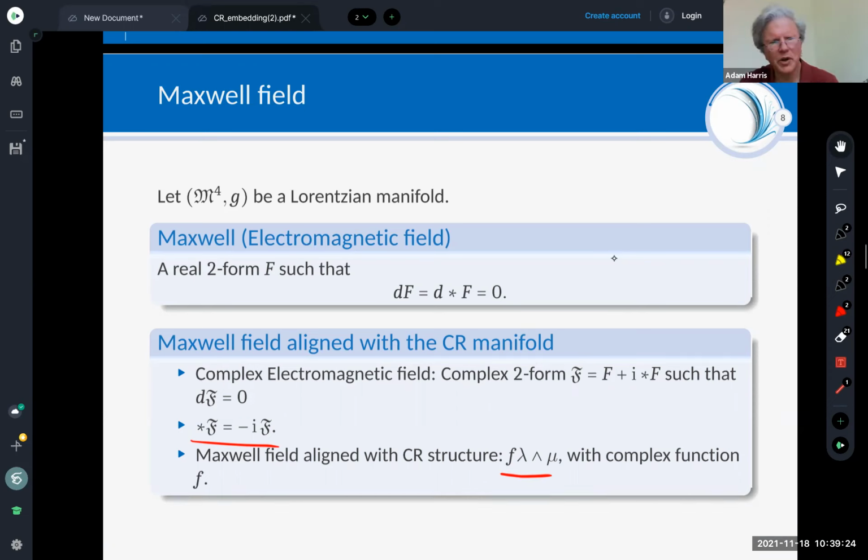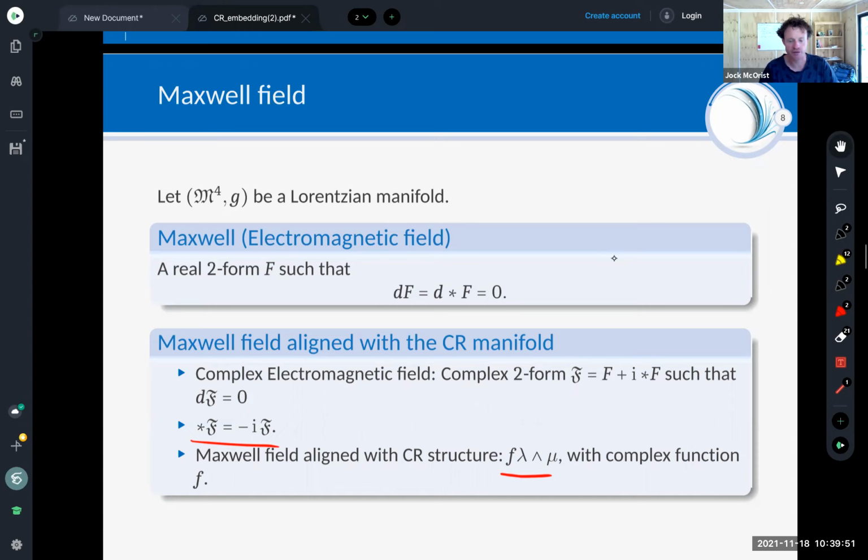The second point follows if F, the original Maxwell field F, is anti-self dual, though, isn't it? If star capital F, that's the simple F, not the script F, is minus F. Yes, that's right. And not every F would be anti-self dual. That's actually an addition. Yes, exactly. And are you saying that F lambda wedge mu is also anti-self dual?